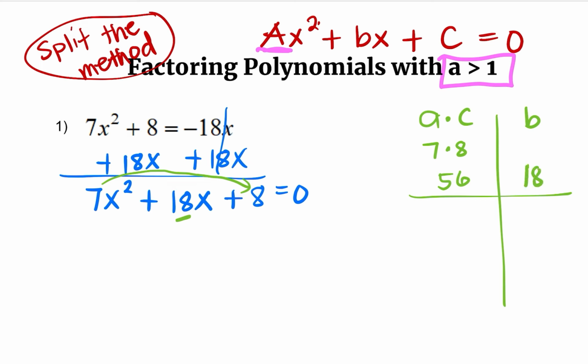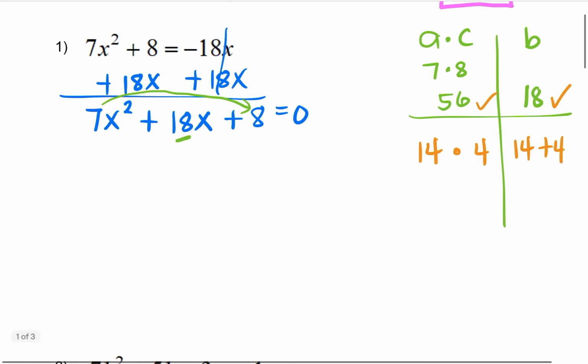I am looking for two factors of 56 that, when multiplied, give me 56, and when added, give me 18. So I think I need to use 14 times 4. 14 times 4 is 56, and 14 plus 4 is 18. So it checks both boxes, and I will be using these factors.